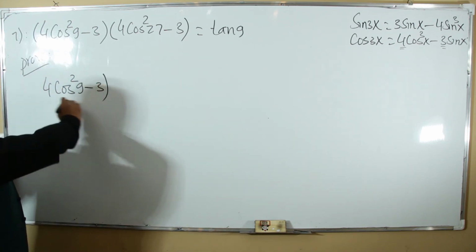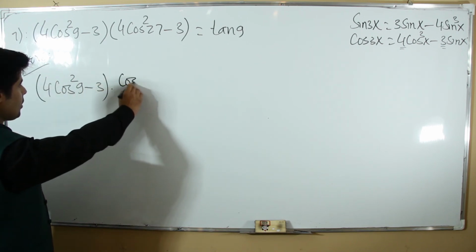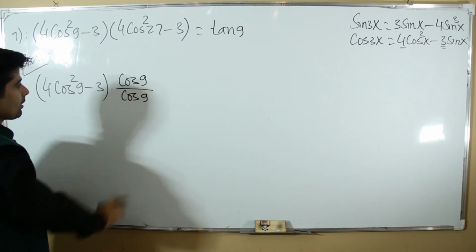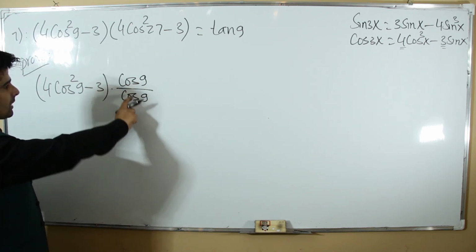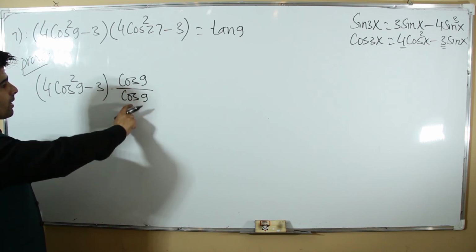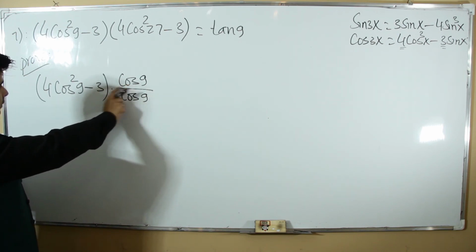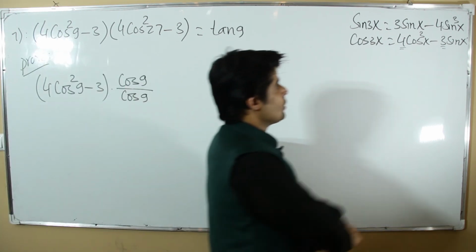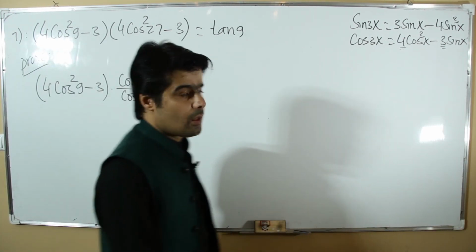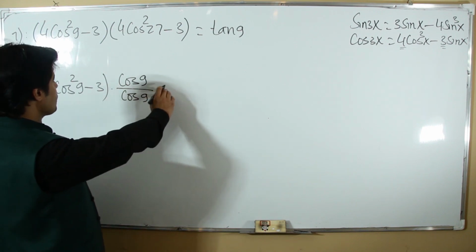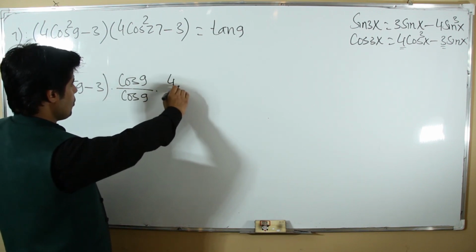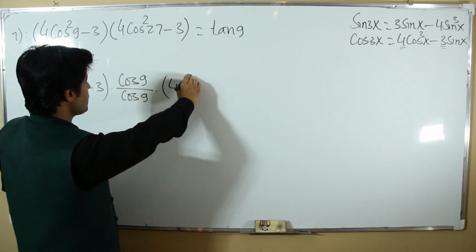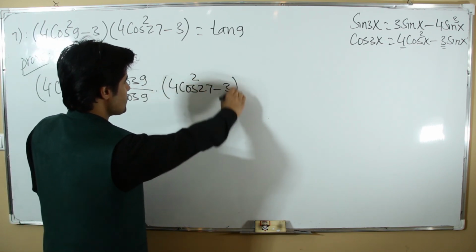So in here I will multiply by cosine of this angle, which is 9, and divide by cosine of 9, because it can be cancelled. Why multiply by cosine of 9? Because cosine of 9 with this one will give cosine cube, and we have to find cosine cube. In the second bracket, you have 4 cosine square 27 minus 3, yes?